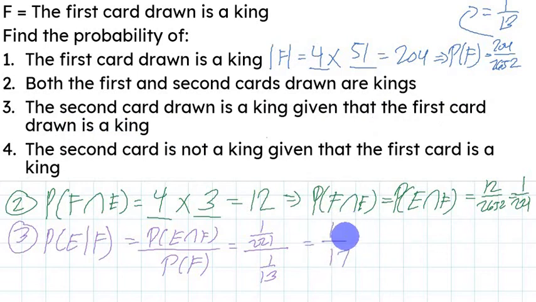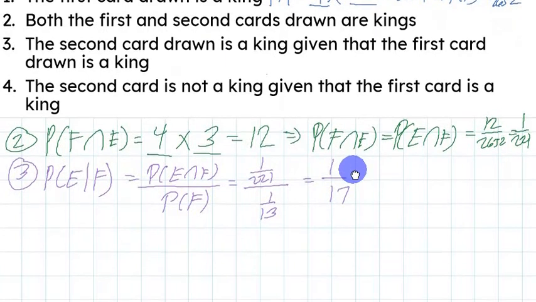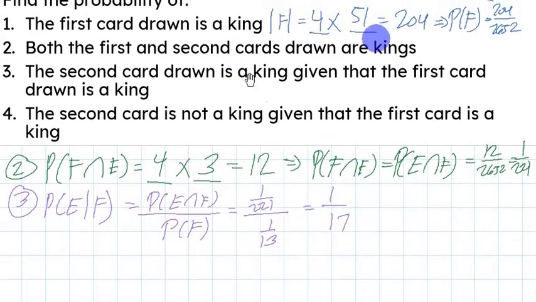Another way of thinking about it is we know from our analysis in our first example that we can get the intersection of the two events, which is 12. I'm going to use a different color. This one here, the probability of E given F, is actually this one here, the fact that both first and second cards drawn are kings.